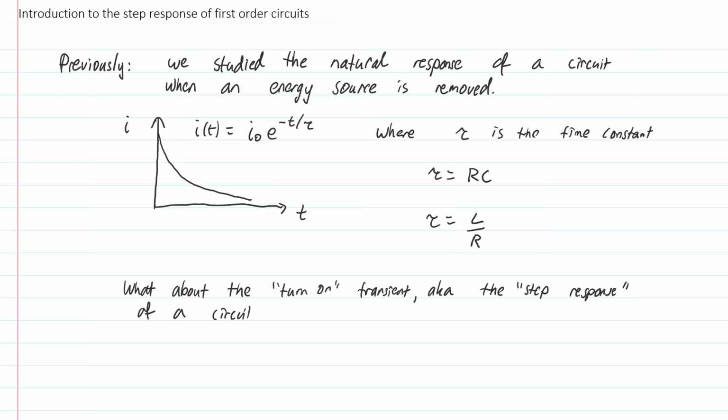And this would come about when you have, for example, a power supply that goes from 0 volts and then turns on to some kind of fixed value. So if I have time here and a voltage of a source and I turn it on, the behavior of the circuit is called the step response, because we basically have this step in the energy that we're applying.